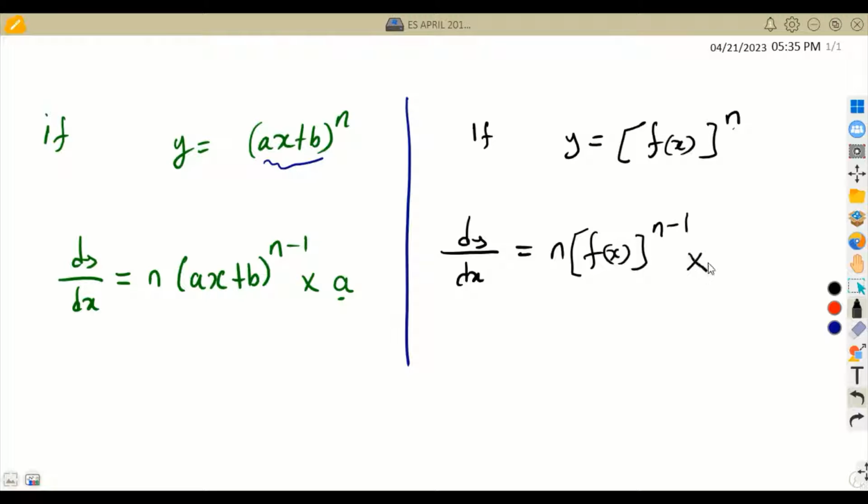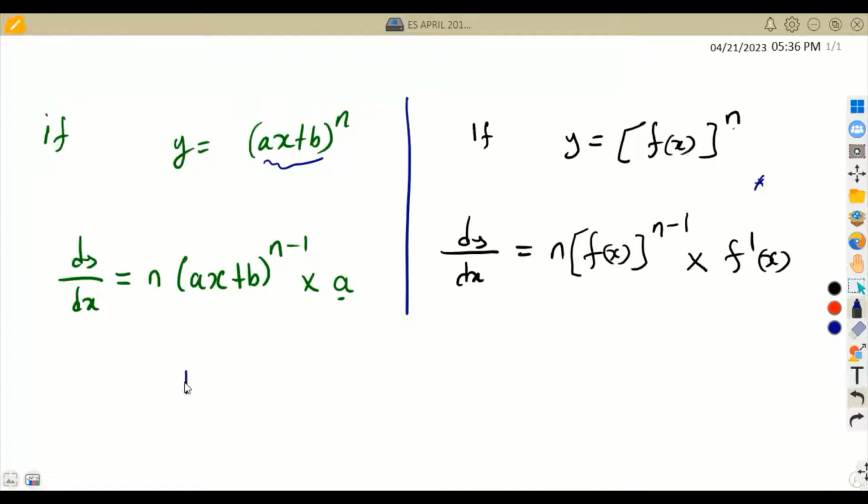Whatever you have, you multiply by the derivative of the function that you're given, which is f'(x), or dy/dx. So that is the simplest way that we can have this, which is understandable because this can be a quadratic, not a linear like this, which means the earlier formula is going to limit us. This one does not limit us because any function can be differentiated as long as it is raised to a certain exponent.